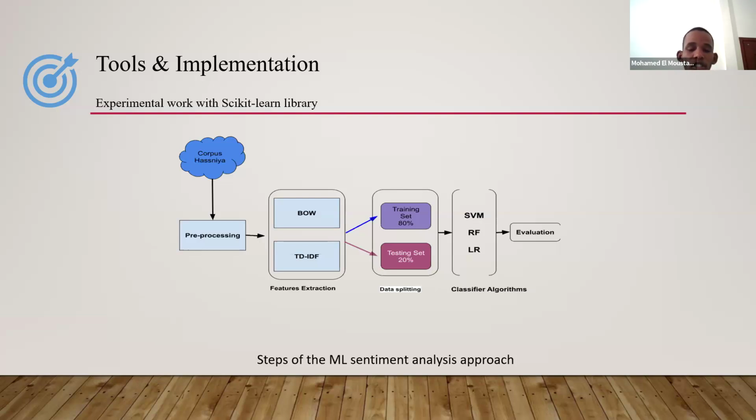Next, we use feature extraction with bag of words and TF-IDF. In the third step, we split the data into a training set and a testing set. After that, we apply three different algorithms and evaluate their performance.